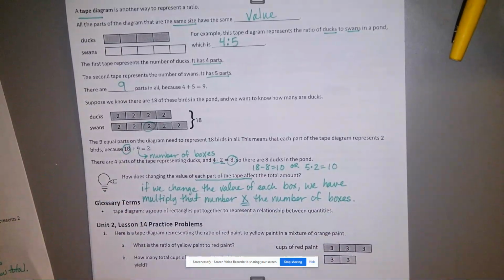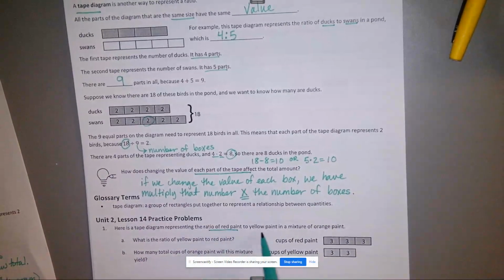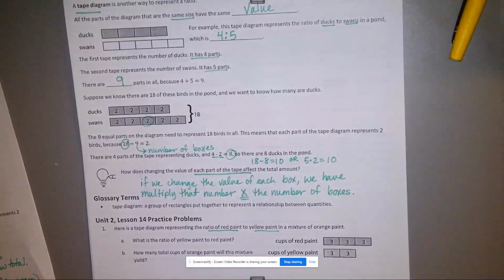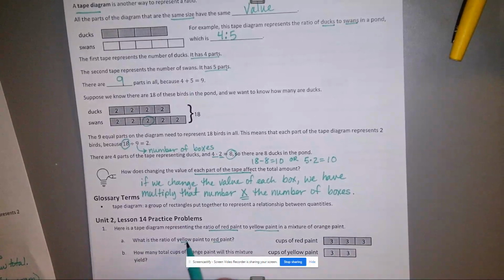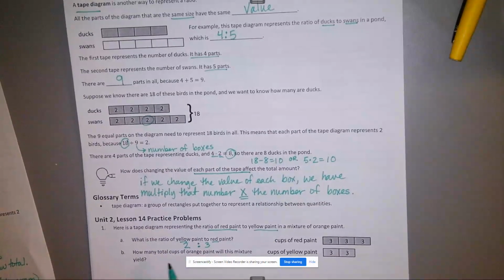All right, let's practice what we're talking about. Here is our ratio of red paint to yellow paint, making orange. What is our ratio? Well, how many yellows, how many reds? 2 yellows to 3 reds, because the order of the words is always important.